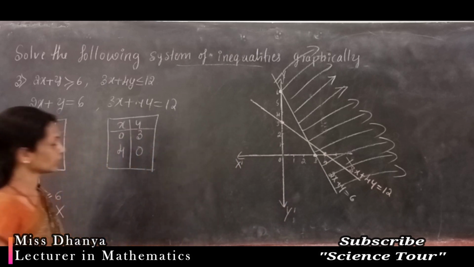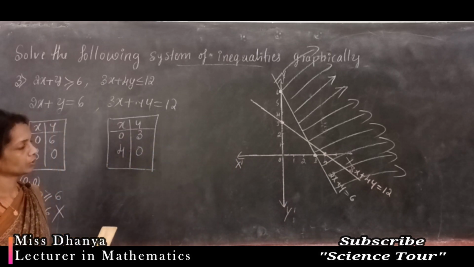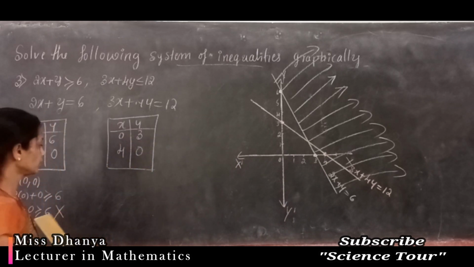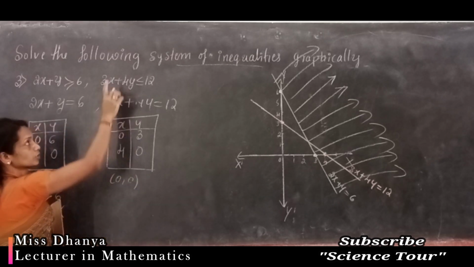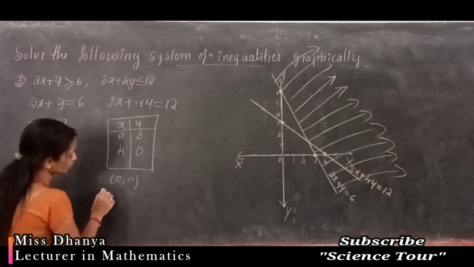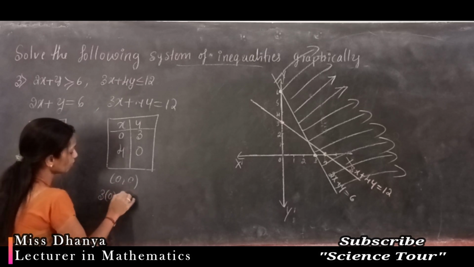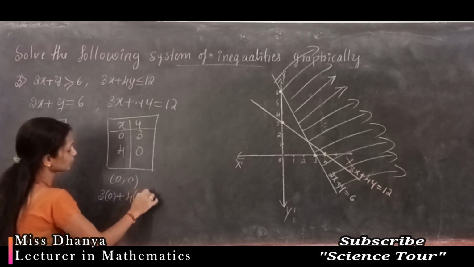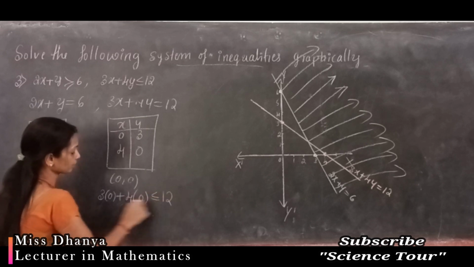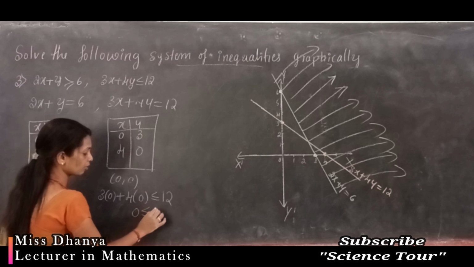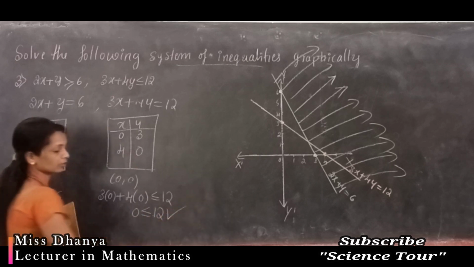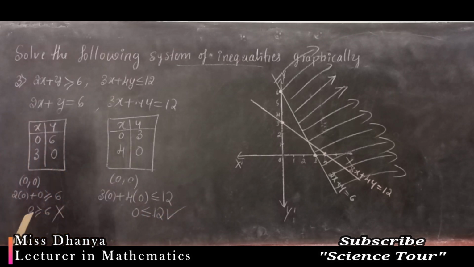Now to decide which region you have to shade, take a checking point 0, 0. Put x equal to 0, y is equal to 0 in this second inequality. Then we get 3 into 0 plus 4 into 0 less than or equal to 12. 0 into anything is 0. So the left side is 0 less than or equal to 12, and that is the correct inequality.